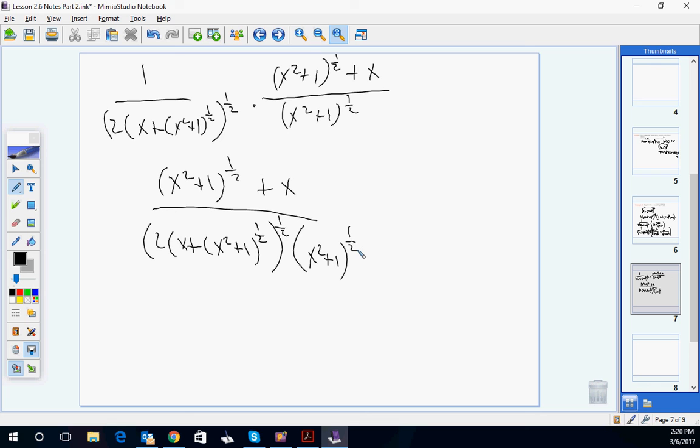Okay, we can just stop here for now though. I'll just leave it like this. This is still the derivative. We still did all the steps. Okay, simplification will come later. But that'll work. Okay, I'll pause it if you have questions.